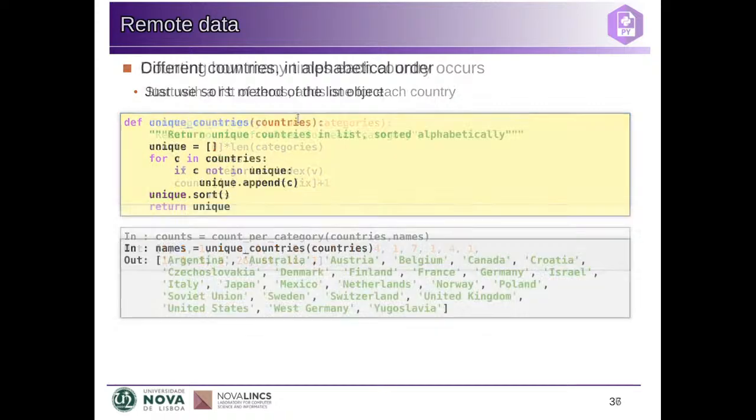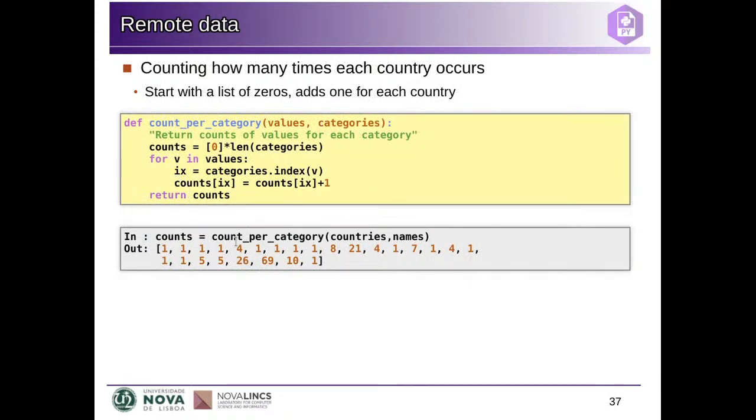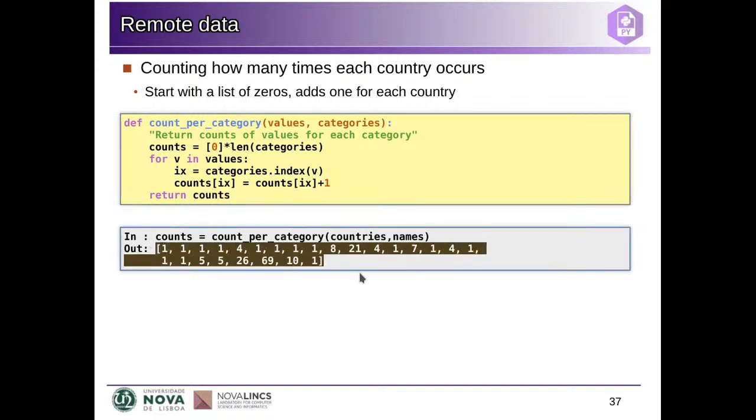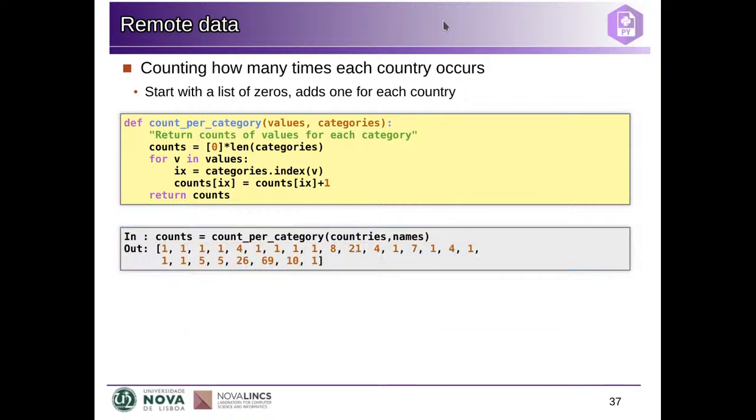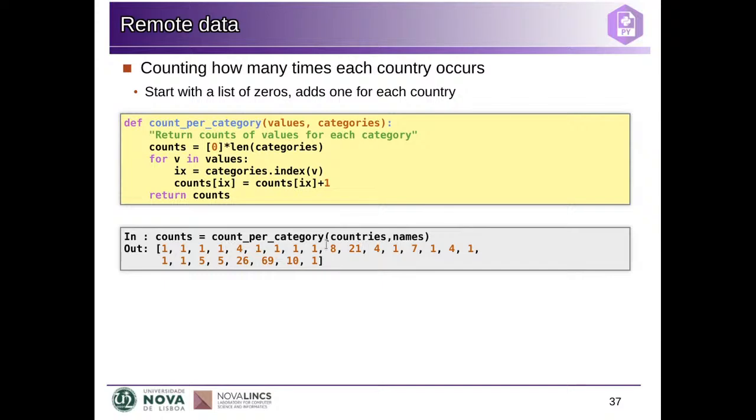If we find, for example, Belgium, we have this in the 4th position, index will return a 3, and we'll increase the counter at index 3, and so on. So at the end we return the counts, and this will be a list with the same ordering as our unique countries, and with the number of Nobel Prize winners for each country.